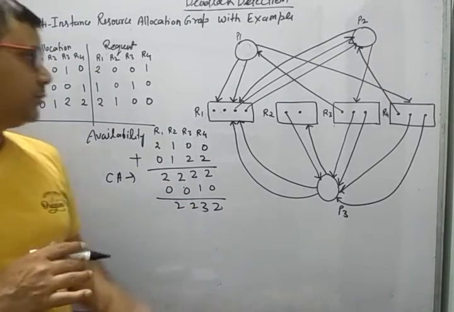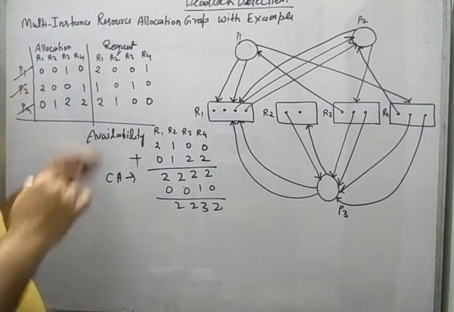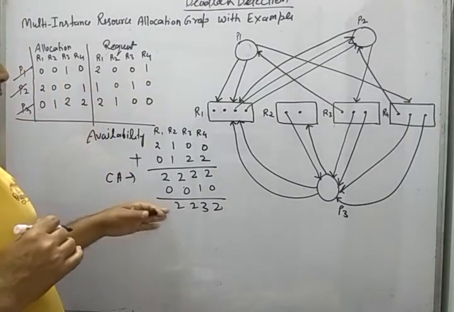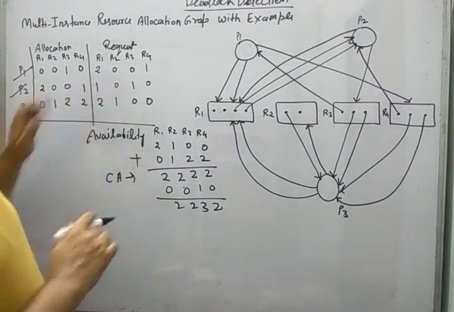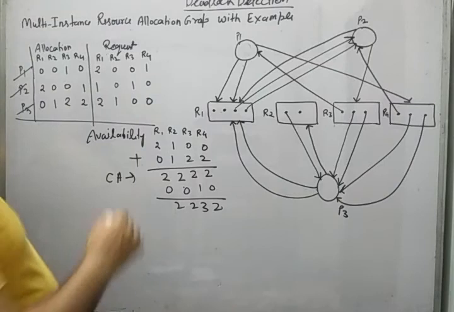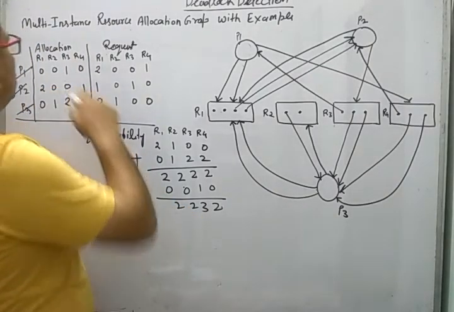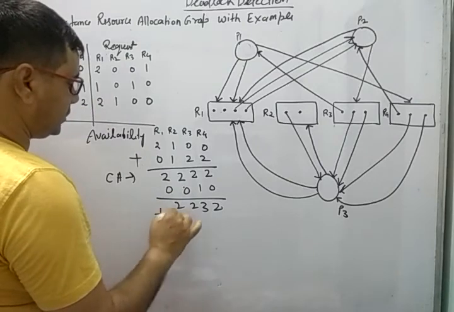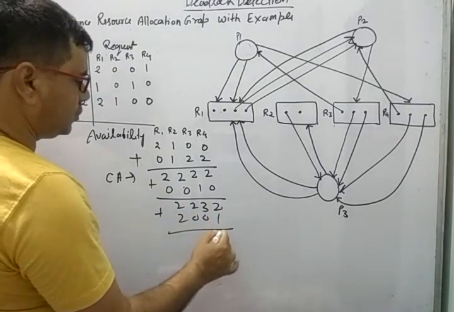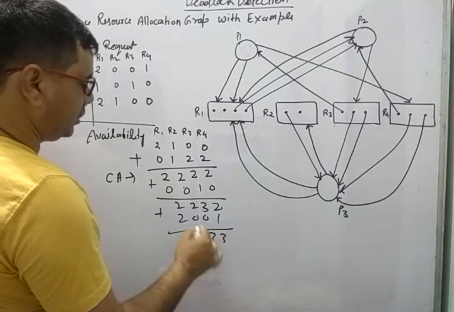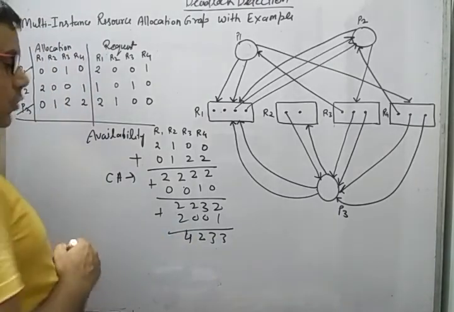Now, similarly, we will test the process P2. Process P2's request is 1010 and the availability is much more than the request. Then this will also be executed and the final availability is 2001 added to the current, which gives 4, 2, 3, 3.